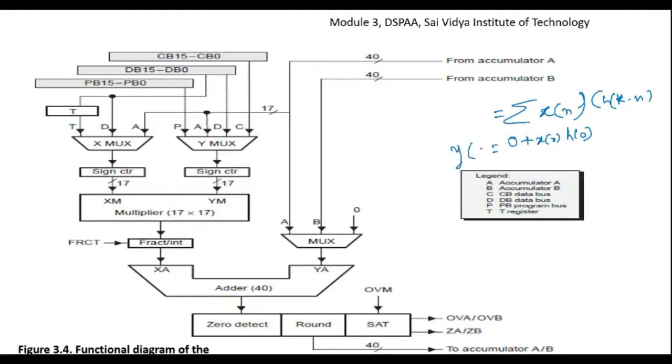So by that time this particular 0 bit is chosen in the multiplier. Once some data is there, the data may be present in accumulator A or in accumulator B based upon the instruction set, or how we have written the instruction, that will be chosen.